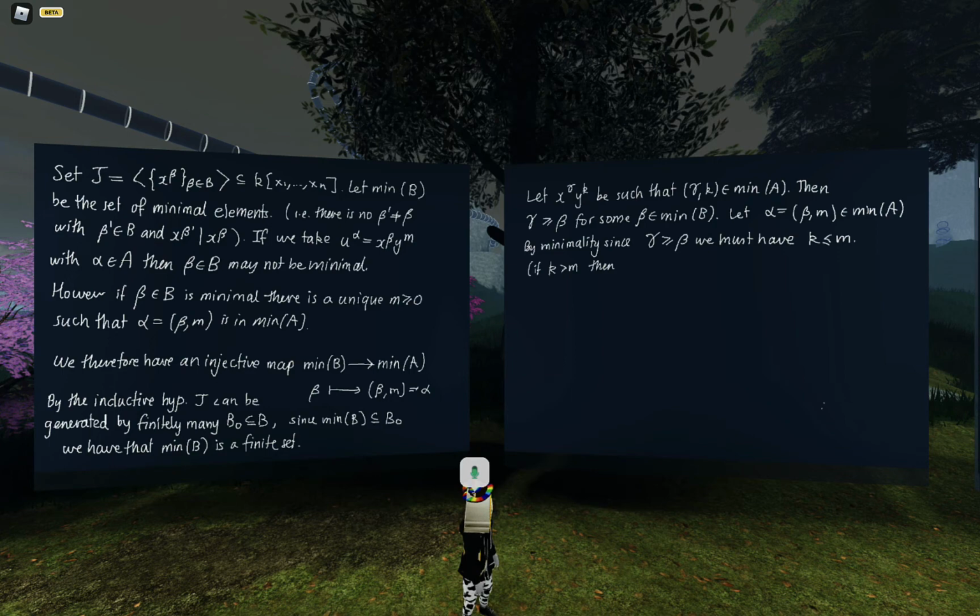It's just a matter of presentation. I'm just hesitating about which I prefer. Let's stick with this. Okay. If k was strictly greater than m, then I would have that gamma k is strictly greater than beta m, which is alpha. But that contradicts the minimality of gamma k, right? Gamma k was a corner, so that can't be.